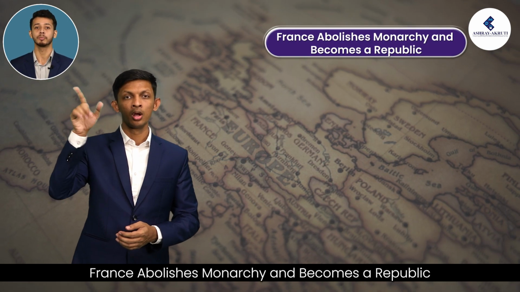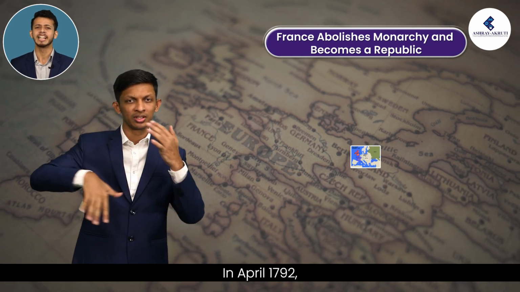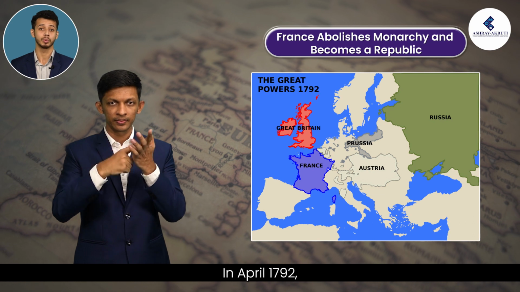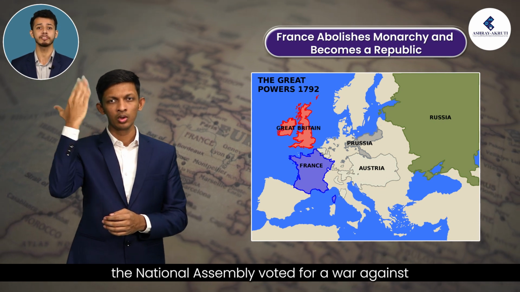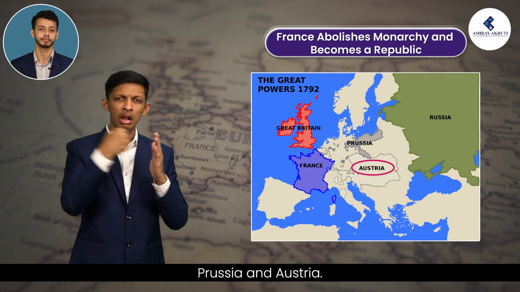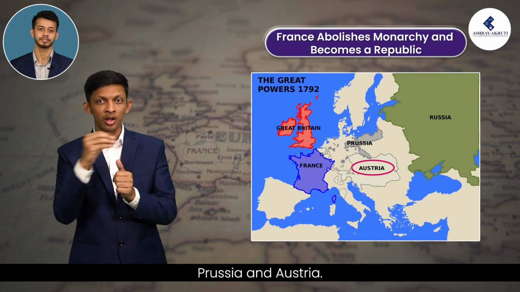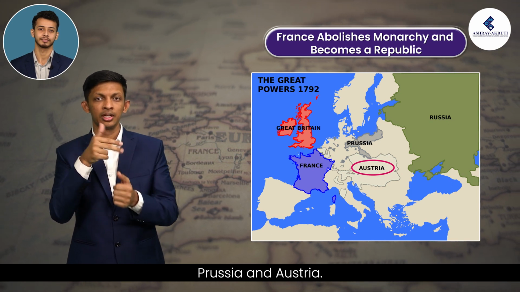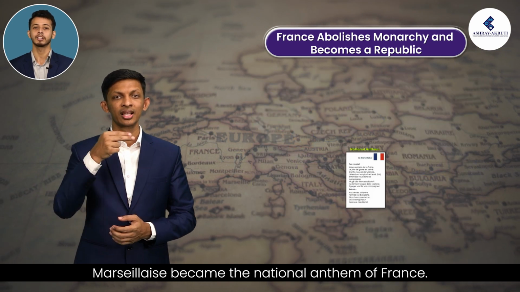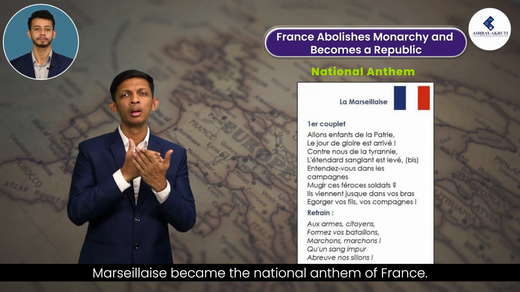France abolishes monarchy and becomes a republic. In April 1792, the National Assembly voted for a war against Prussia and Austria. Marseillaise became the national anthem of France.